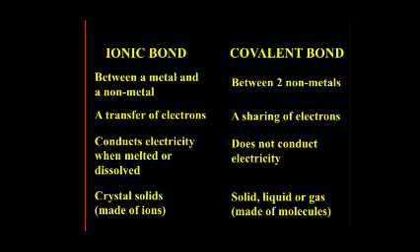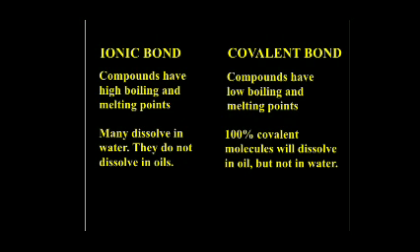Covalent compounds are available in solid, liquid or gaseous state. Ionic compounds have high boiling and melting points. Covalent compounds have low boiling and melting points.